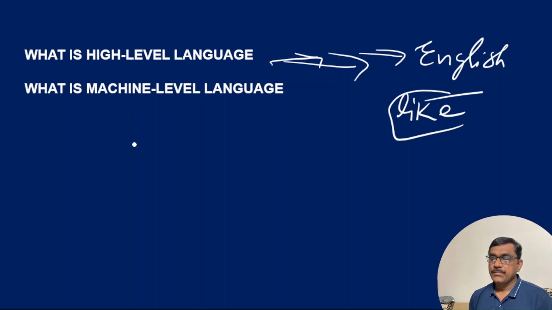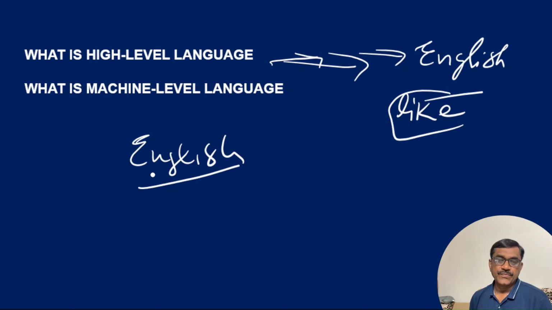It means that the statements we use in a high-level language are simply English-type statements, so they are very easy to understand, and we provide the flexibility for the user or the programmer to write the program very easily. That's the main concept of high-level language. Machine level language is nothing but low-level language. We can use the term machine level or low level.